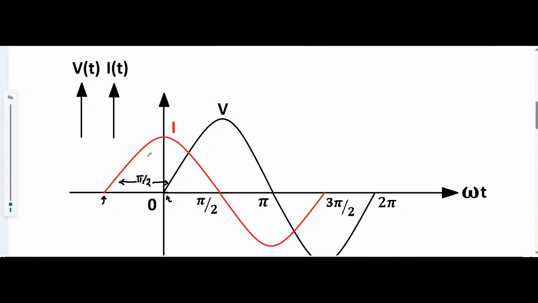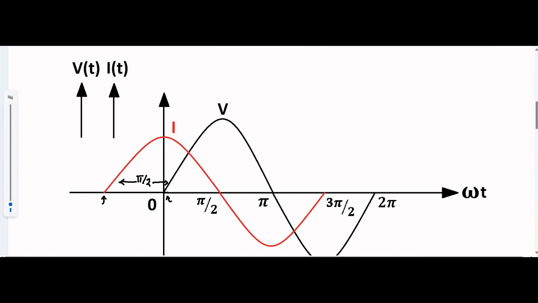So current is leading the voltage by pi by 2 radian or 90 degree, or we can say voltage lags behind the current by pi by 2 radian or 90 degree. And similarly, there is a difference of pi by 2 radians between the corresponding 0 points and the corresponding positive peaks and negative peaks also. Same pi by 2 radian or 90 degree phase difference.